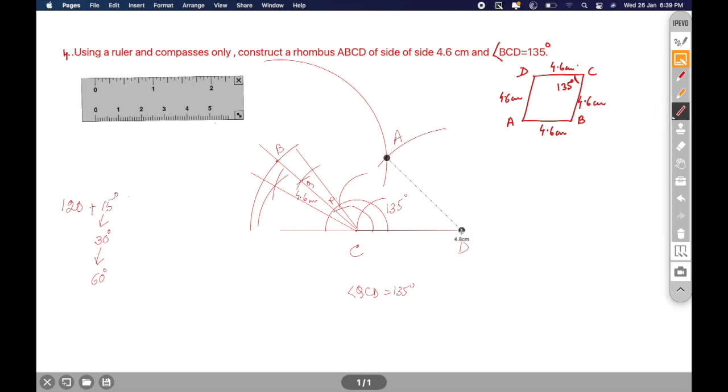So here I am joining AD and BA. Thus we have the rhombus ABCD. So here at this point we have 135 degree, CD is 4.6 centimeter, AD is also 4.6 centimeter. Thus ABCD is the required rhombus.